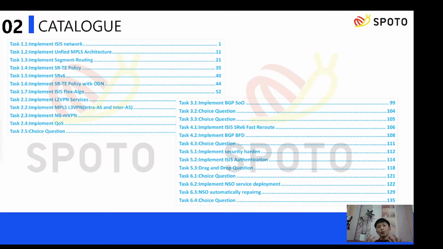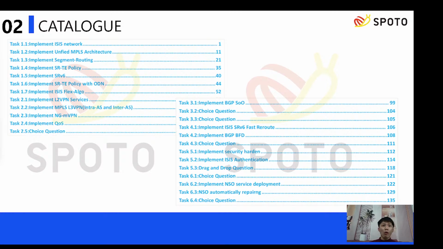So you will learn many technologies by this solution. Session 2 includes Layer 2 VPN, Layer 3 VPN, and multicast VPN service. You will learn all of these services by this solution.